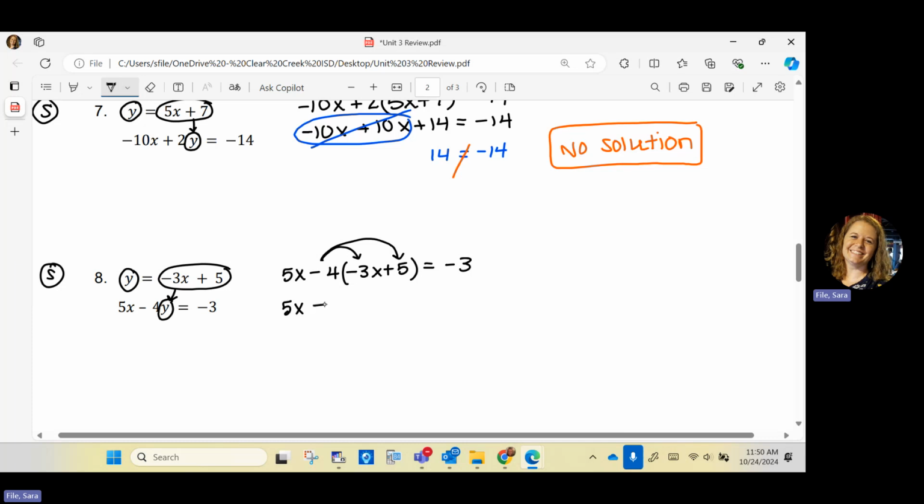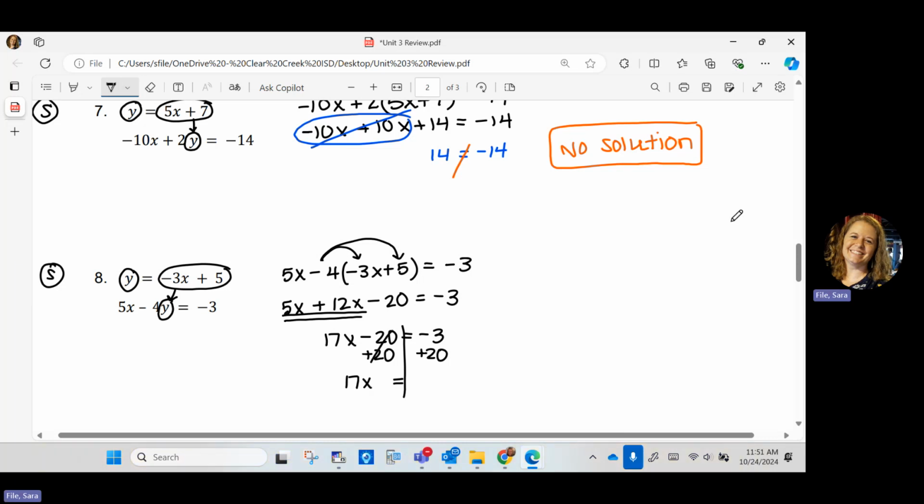This becomes plus 12x. That becomes minus 20. And now I can combine like terms here. 5x and 12x is 17x. And then I can start moving terms to solve for x.